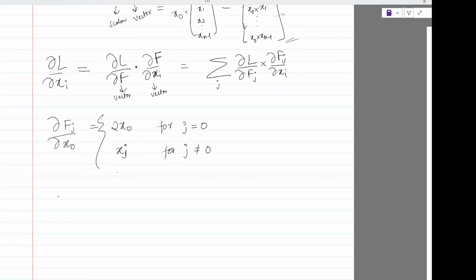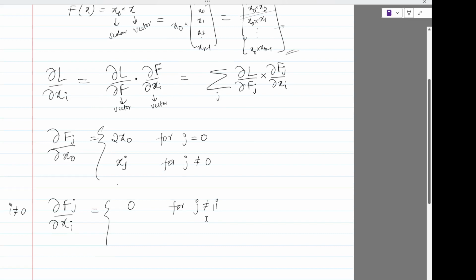While for the other terms, del fj by del xi, i not equal to 0, what you will get is, it is 0 for j equal to 0, or j not equal to i, you can say, and j not equal to 0.